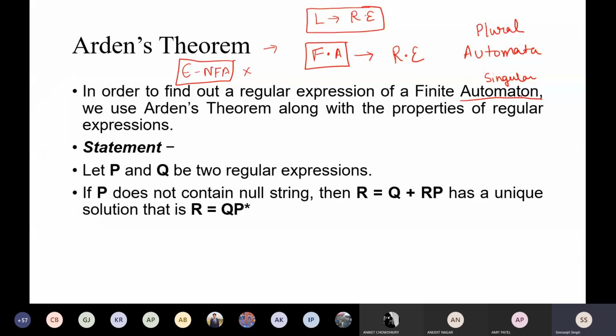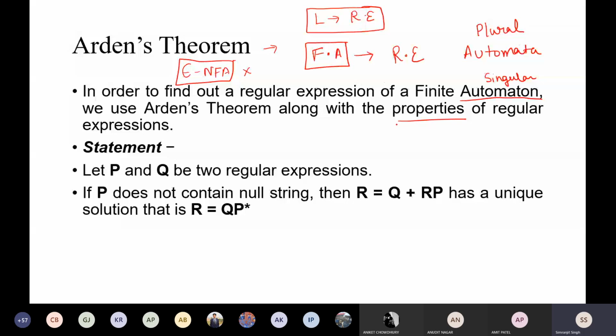The meaning of this is that it is talking about only one finite automaton. When I am talking about more than one, I will use automata, the plural form. We use Arden's theorem along with the properties of regular expressions. Properties are the identities that I described in the previous slide. There is not much application of the properties, but I have told you the main ones.